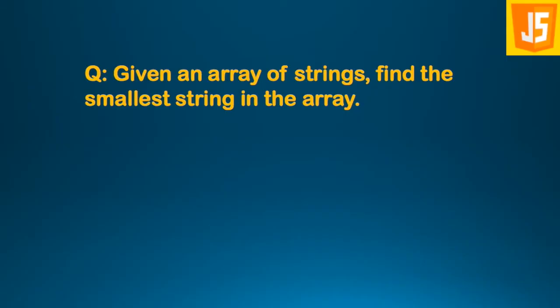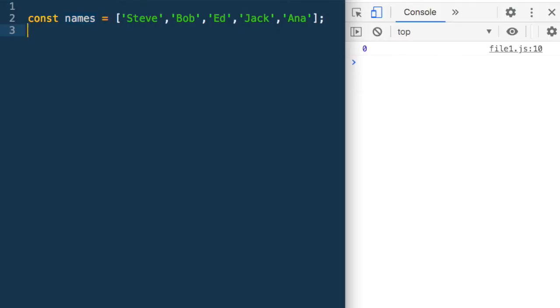Given an array of strings, find the smallest string in the array. So smallest by length. So we have been given this array of strings and we want to find the smallest string by length. So how should we do it? We can say names dot reduce function accumulated comma current. And what should we do in this function?